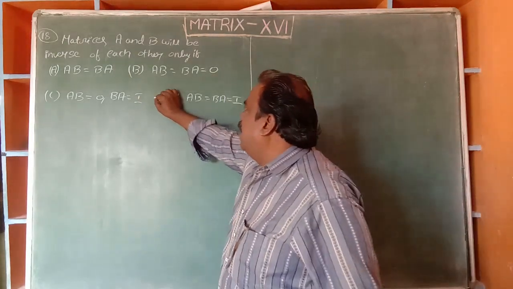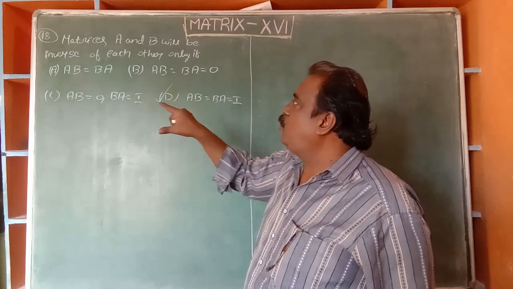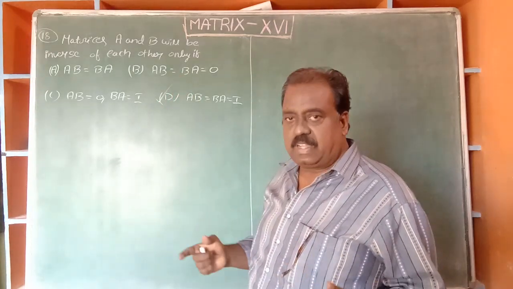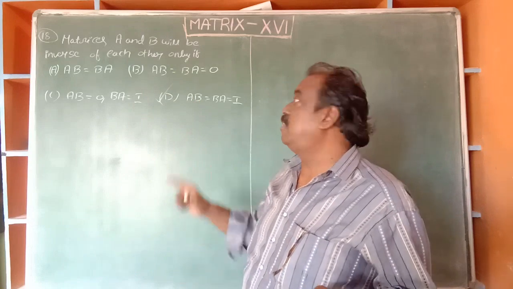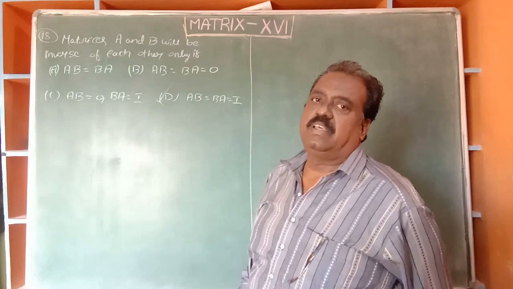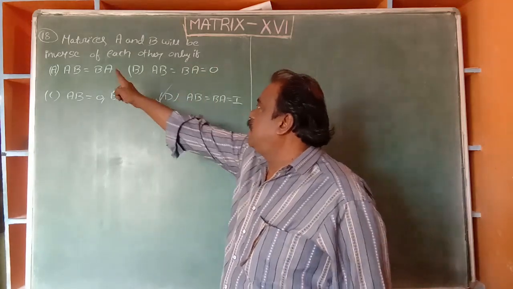Only this is the answer. We can understand it well. There, AB is equal to BA, and that must be equal to I. That is the condition, the definition of an invertible matrix, that is the concept. So that one is wrong.